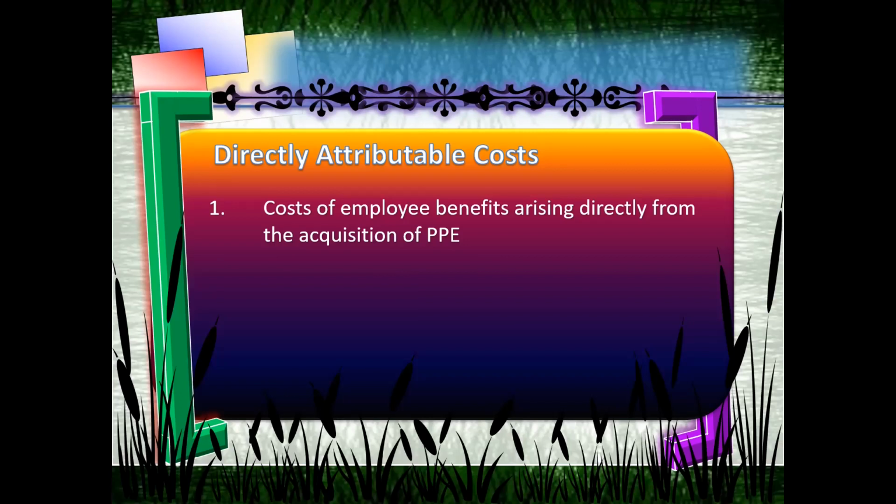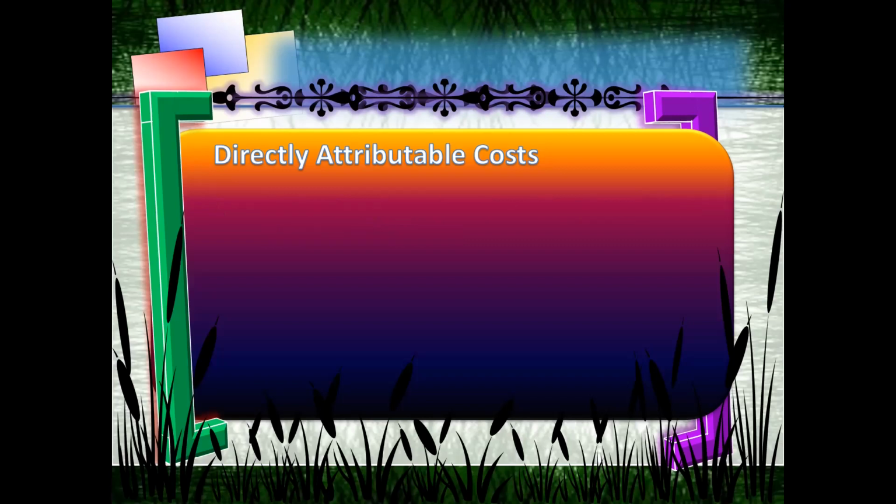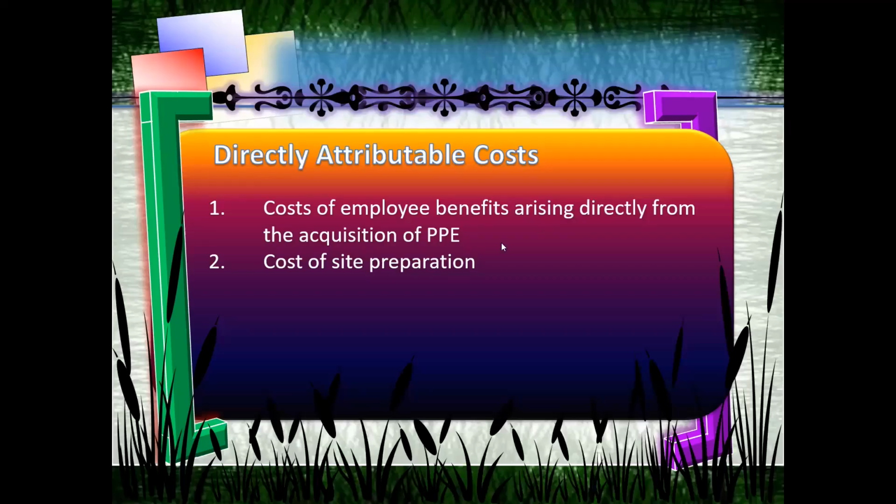So, yan, no, that will form part of the cost of. So, ayun, no, if ever na meron pang additional cost no, sa pagbili ng PPE na yun, then related to the employee benefits, then that will become capitalizable.